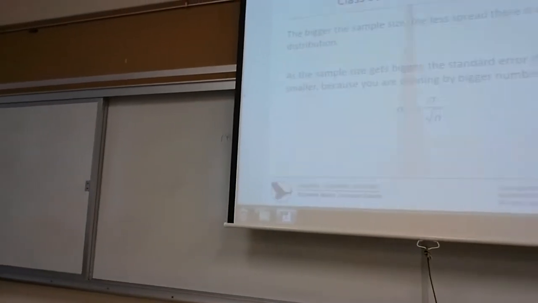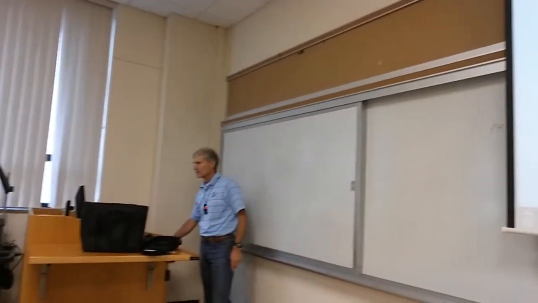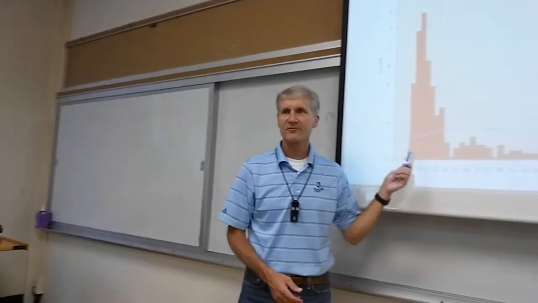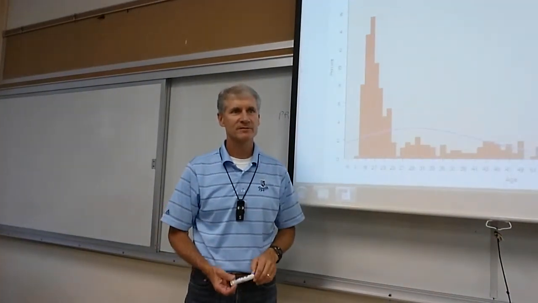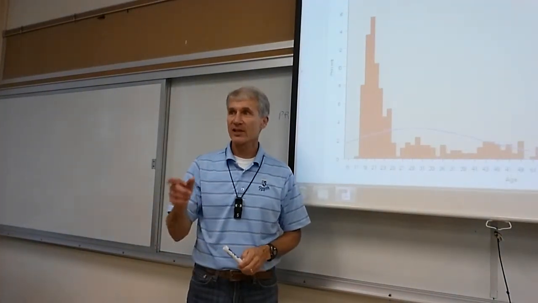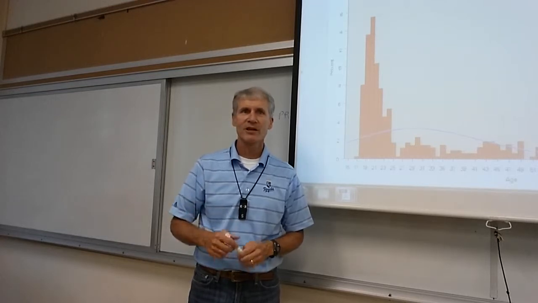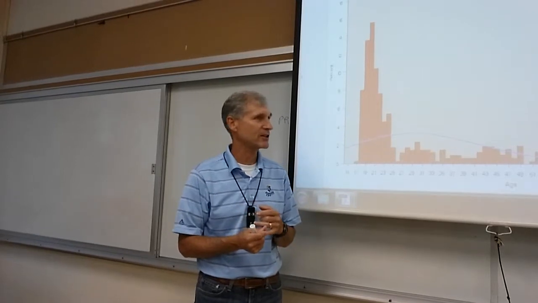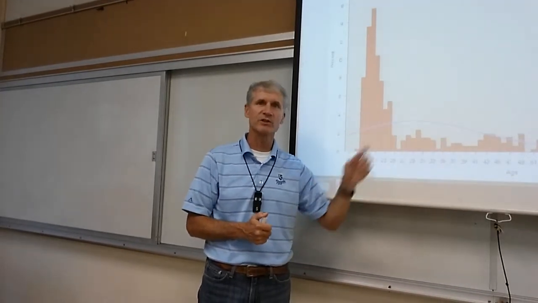Now, what about age? Very skewed distribution. When I took your 73 samples of 5 ages and computed the mean from each of those 73 and then did a histogram of those, what's it going to look like?